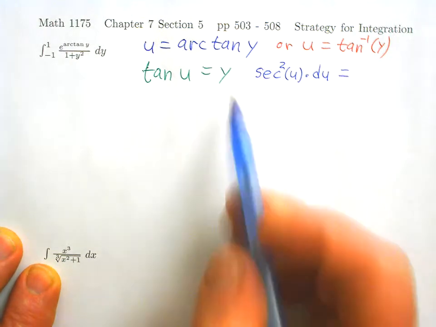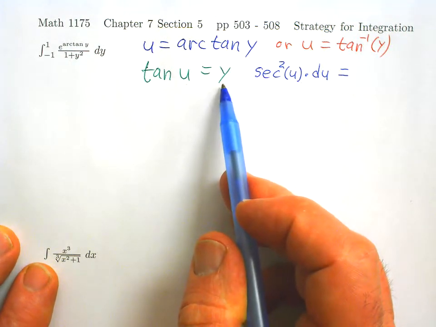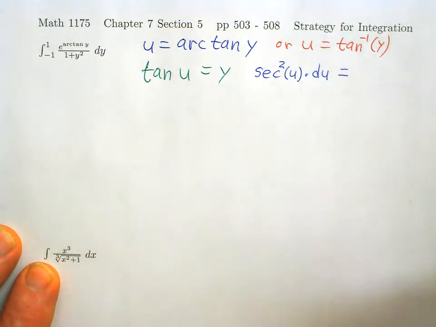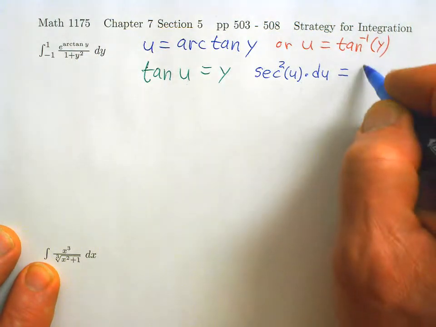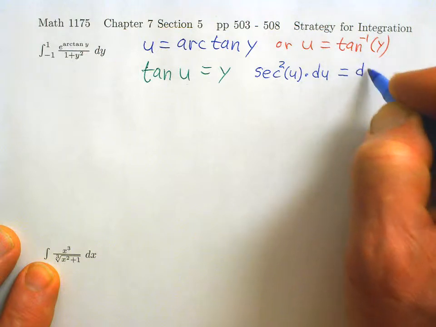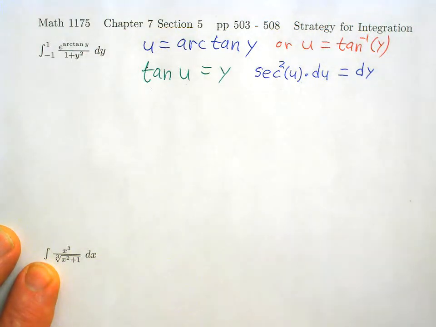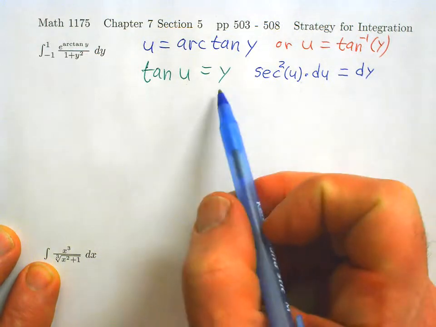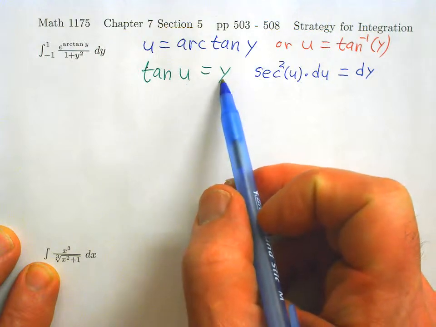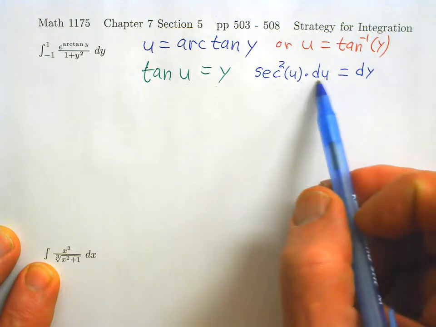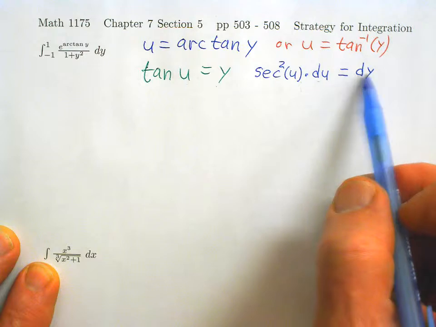And on the right-hand side, the derivative of y with respect to y is 1, but then when we multiply it by the differential dy, we get dy.